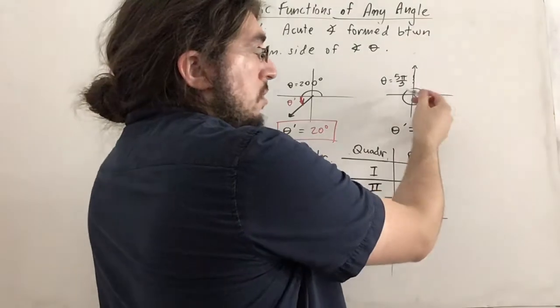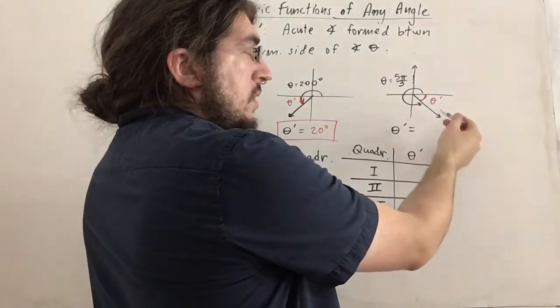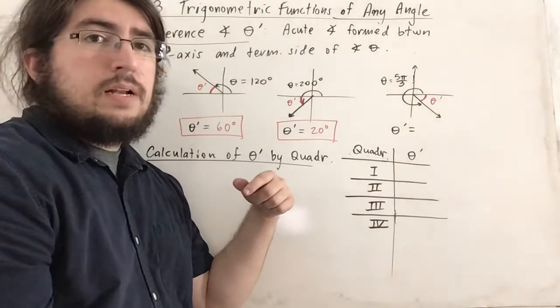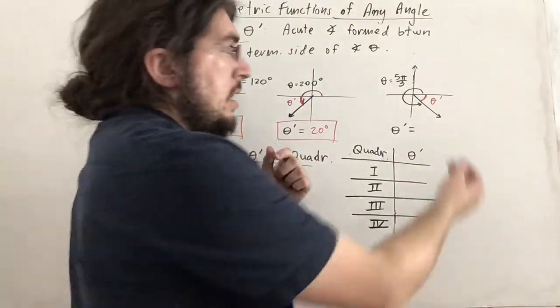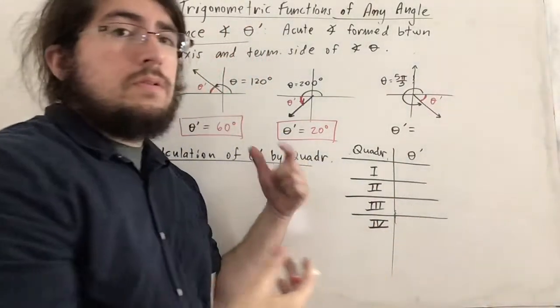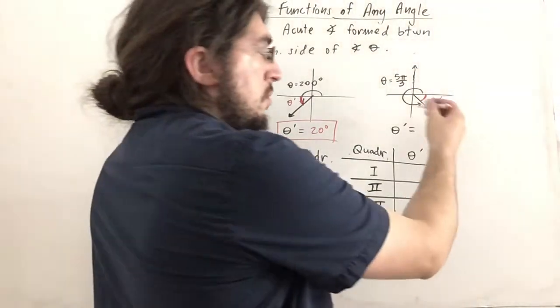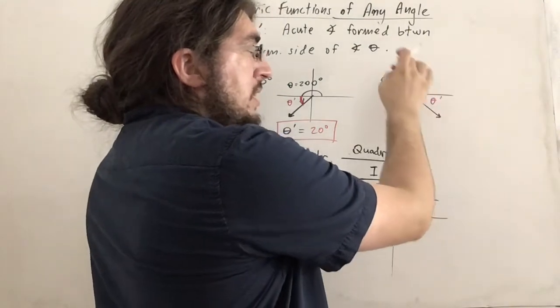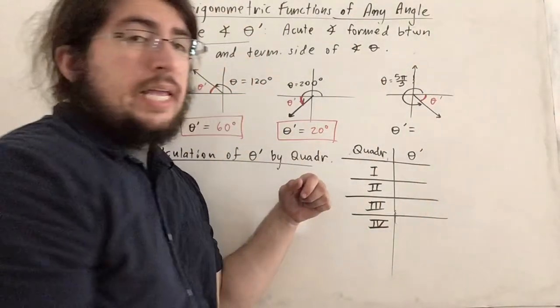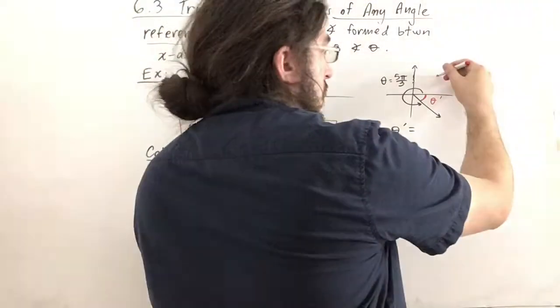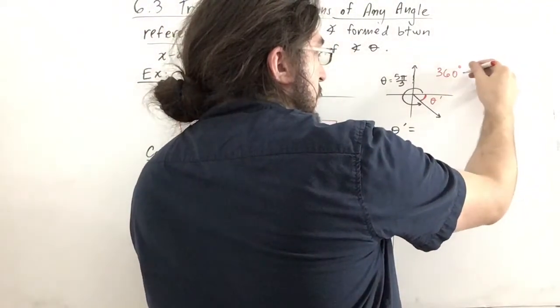So here, the angle will land us in the fourth quadrant, but the reference angle theta prime, in this case, will complete one full rotation of 360 degrees, so that means this will be 360 degrees minus this angle here. The only thing is it's in radians. So let's recall, 360 degrees is how many radians?